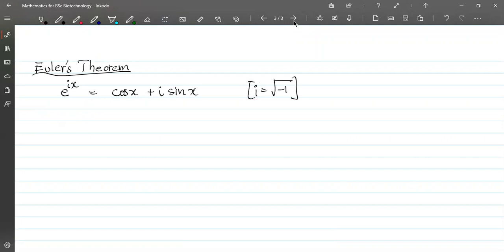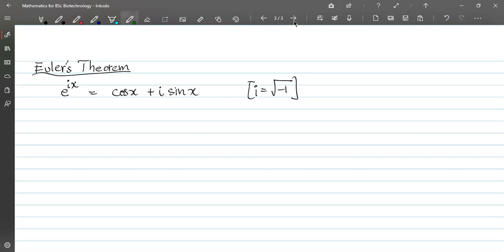How can we use this to obtain expressions for cos x and sin x in terms of the exponential function? The exponential function is something we already know. We know a series expansion for it. So this tells us e to the power of ix in terms of cos x and sin x, namely this. But we want it the other way. We want expressions for cos x and sin x in terms of this.